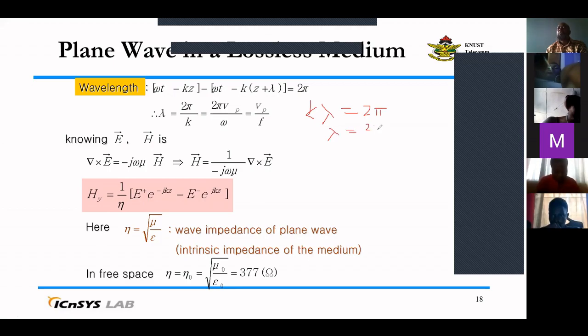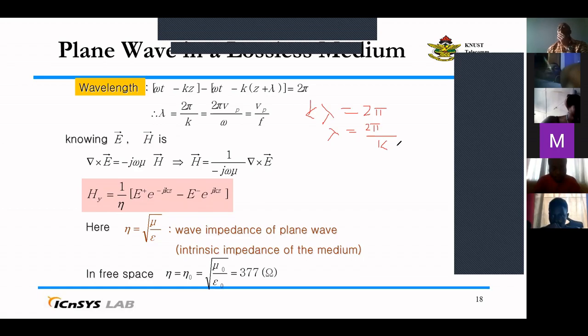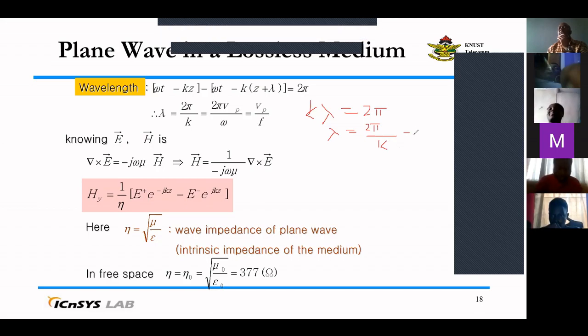And then we can say lambda equals 2 pi divided by k. If lambda equals 2 pi divided by k, you know what the expression of k is? This is the same thing as 2 pi divided by omega square root of mu epsilon.